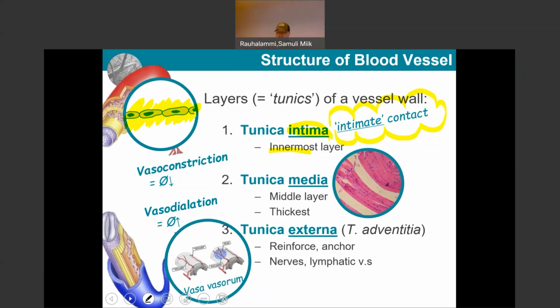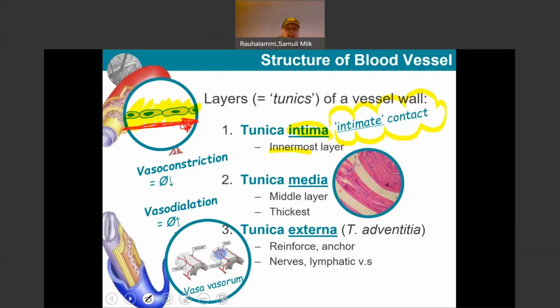So what would this simple squamous endothelial cell layer be ideal for? Well, let's think of that together a little bit. First of all, it does provide protection. So when the blood flows within the blood vessel, it allows this easy, smooth flow of the blood.